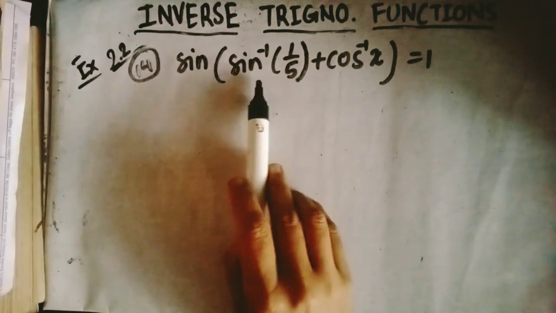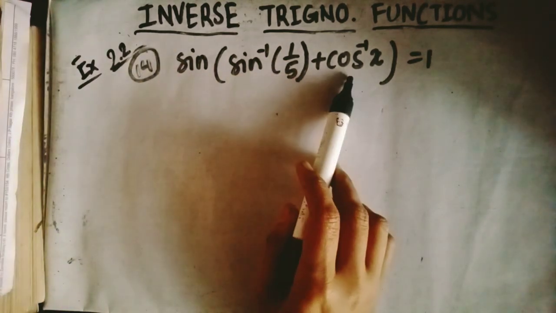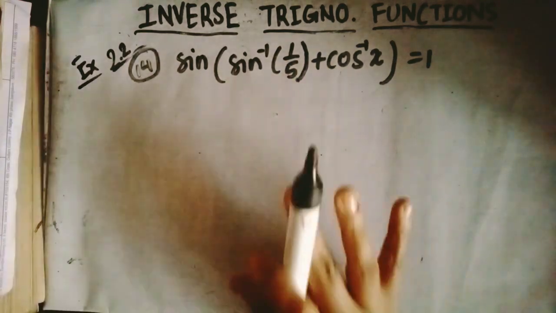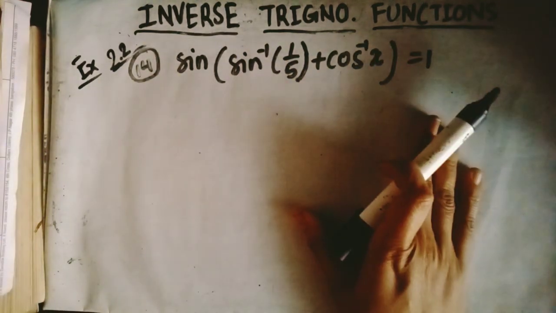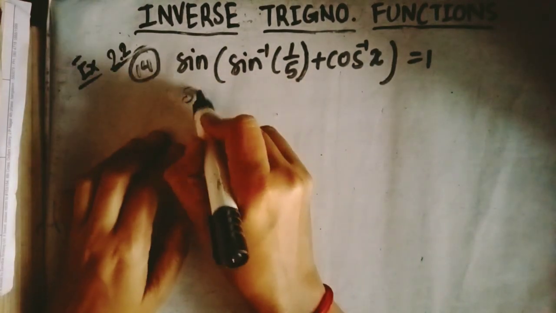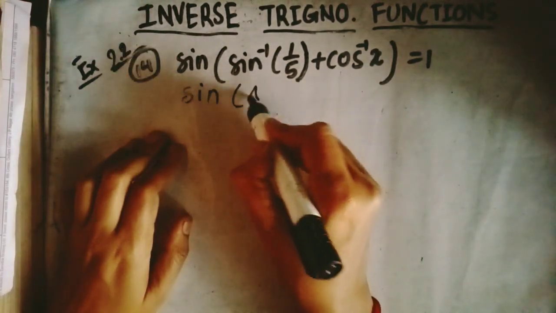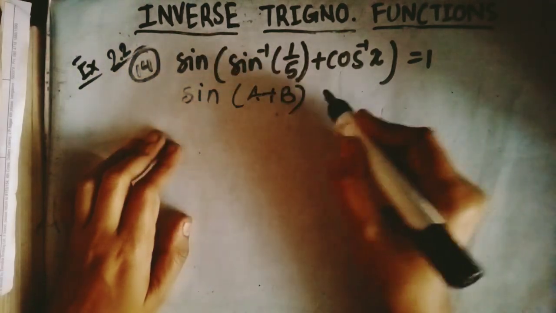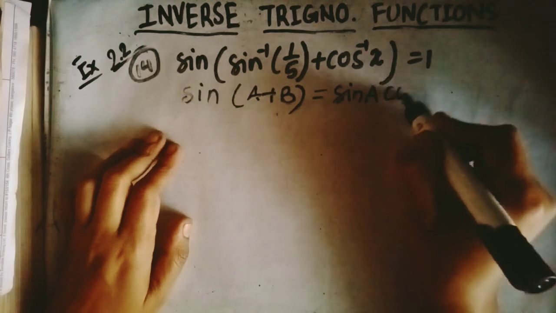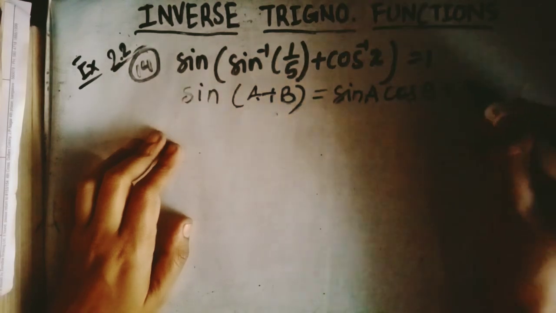So sine inverse of 1 by 5 plus cos inverse of x equal to 1. This is given. You have to find the value of x. Okay. Now if you look at this, this is in the form sine of a plus b, right? So we know that we can expand this: sine a cos b plus cos a sine b.